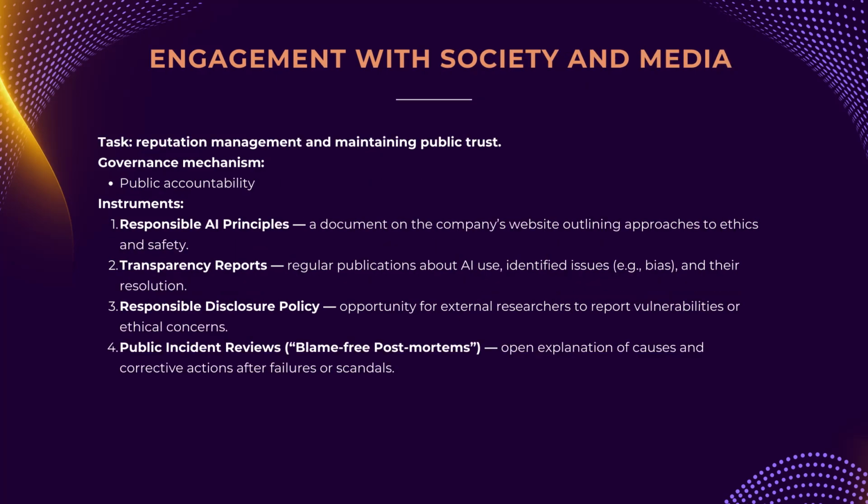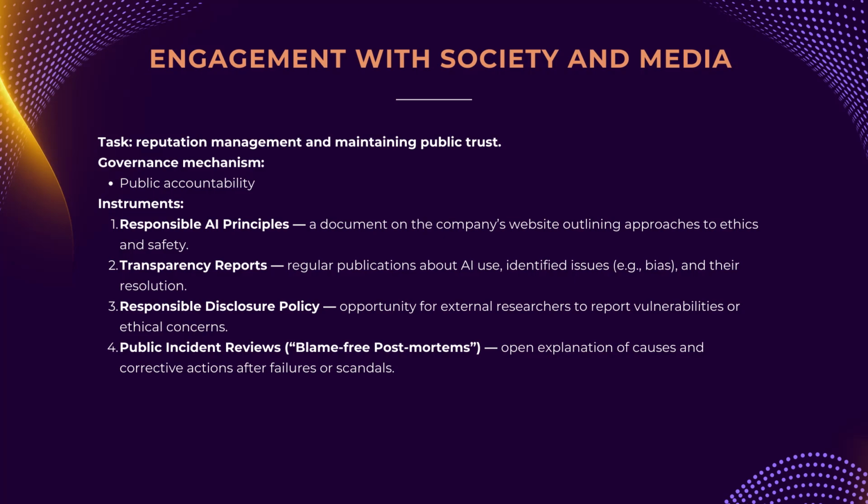Engagement with society and the media. The main tasks here are reputation and public trust, which in responsible AI governance must be ensured through public accountability. This can include Public Responsible AI Principles, a document on the company website outlining approaches to AI ethics and safety.